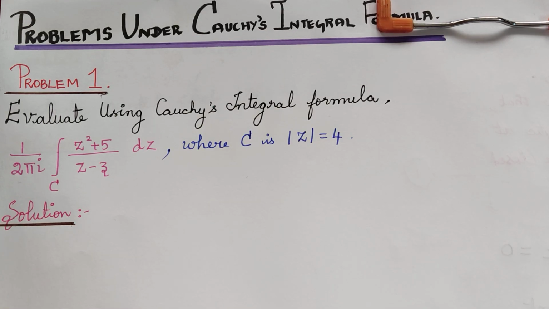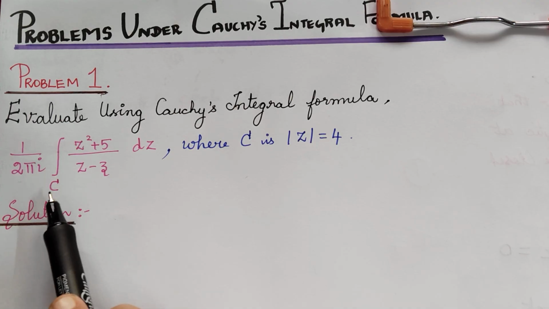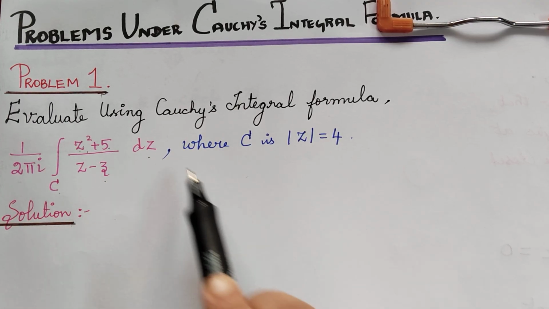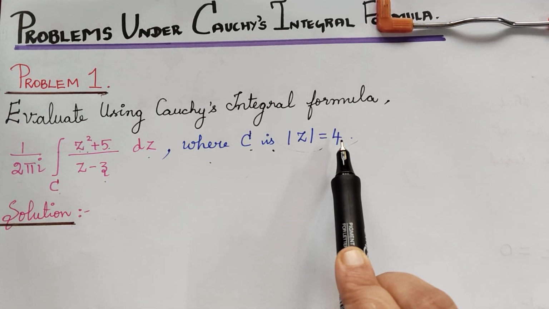Now we have the first problem under Cauchy integral formula. The question is to evaluate, using Cauchy's integral formula, 1 by 2 pi i integral over C of z square plus 5 by z minus 3 dz, where C is the circle modulus of z equal to 4.